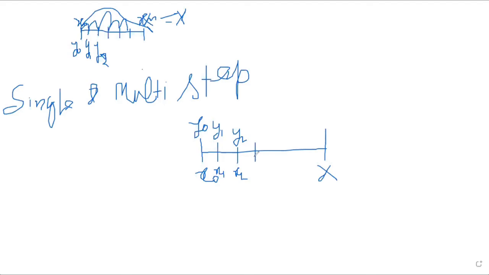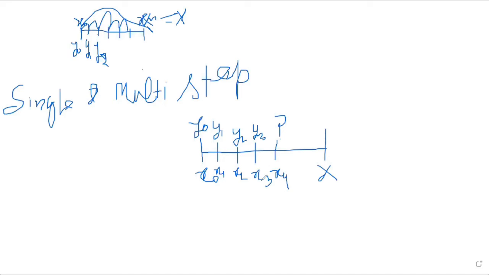So similarly there could be X3, Y3, and using Y3 we predict X4, the value at X4. So now we have Y3 with us.